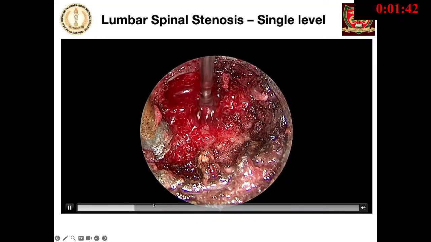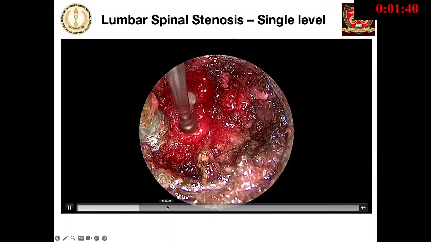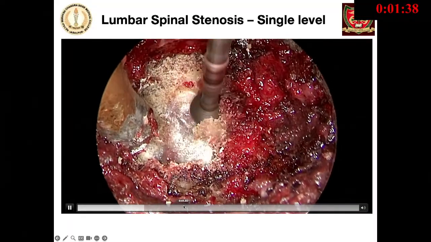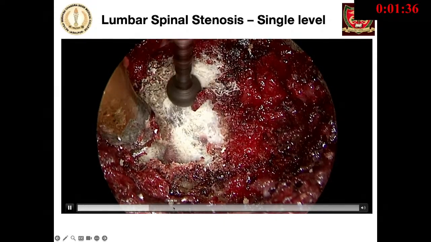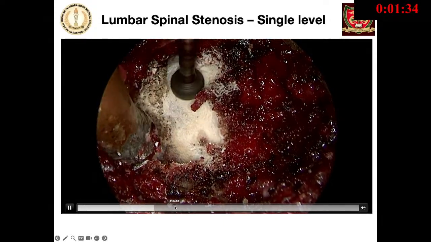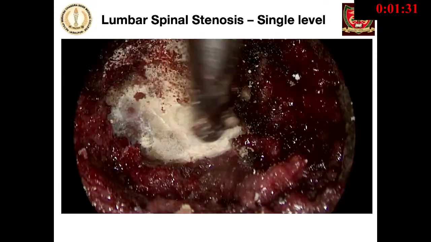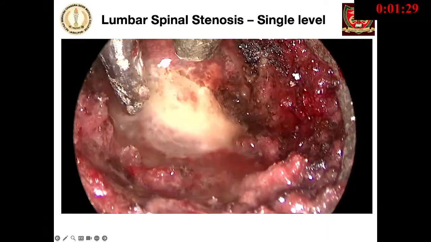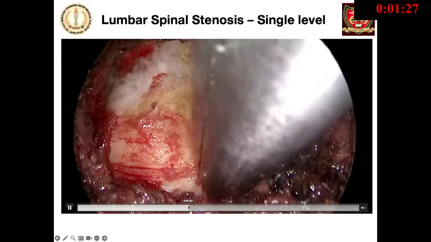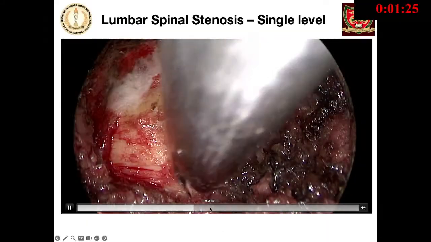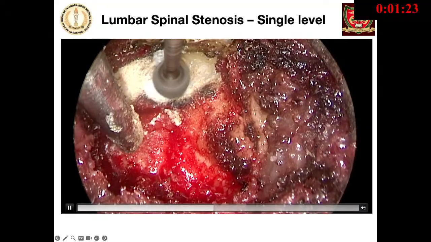This is one example of single level decompression. First complete the bone work before doing the flavectomy.